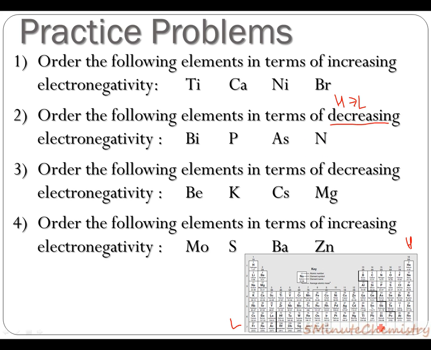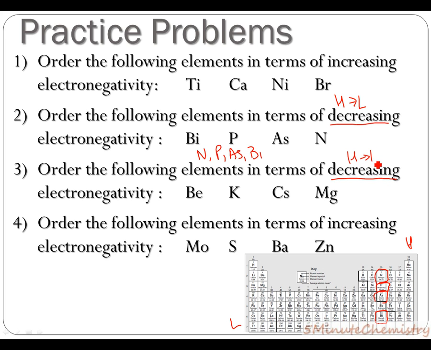So this guy, this guy, this guy, and this guy. Now the trend, high is on top, low is on bottom. I want high to low, so it's going to be top to bottom is my trend. Nitrogen, phosphorus, arsenic, and bismuth.